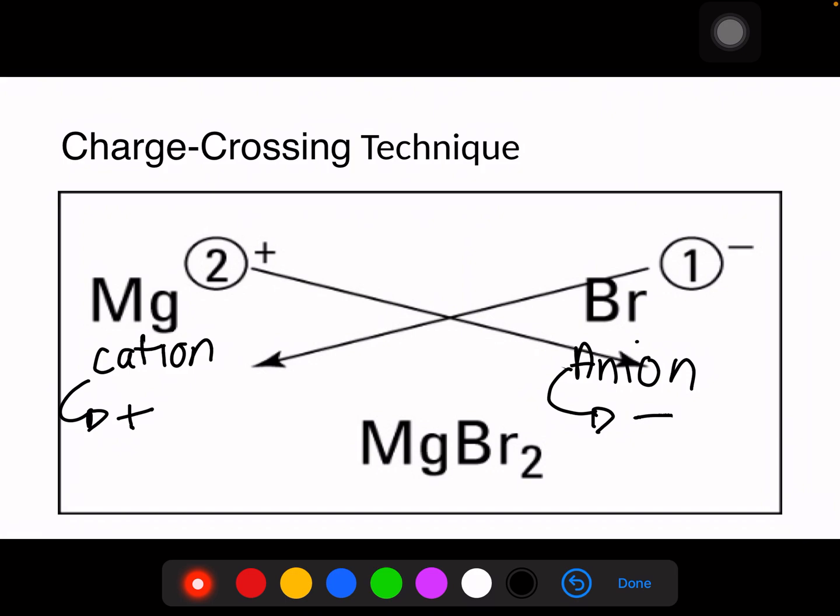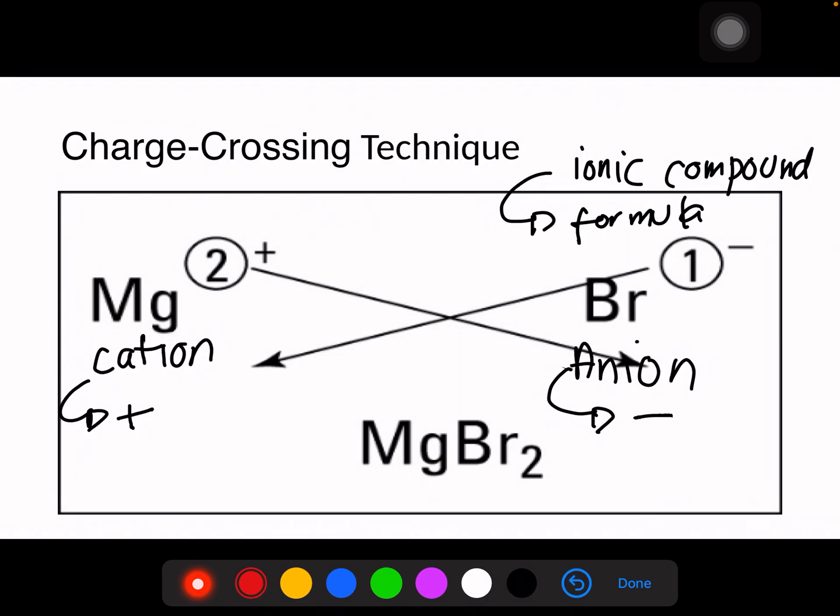So we have here, we want to represent this combination of ions in an ionic compound, and we would like to present them in a chemical formula. So how would we write it? As you could see, one ion is positively charged, the other is negatively charged, positive charge, positive charge, and negative charge.